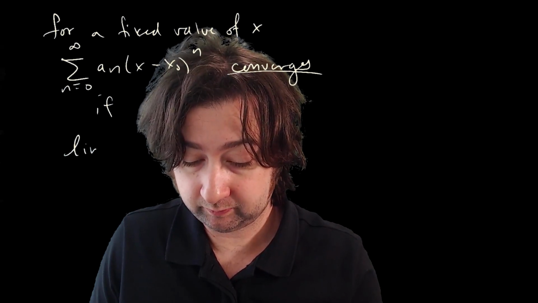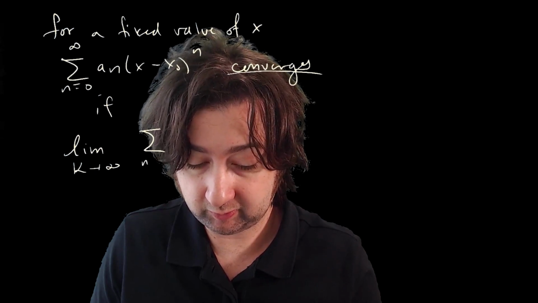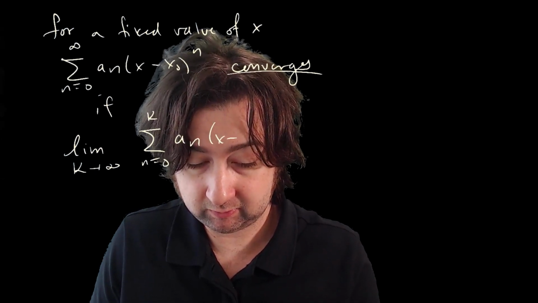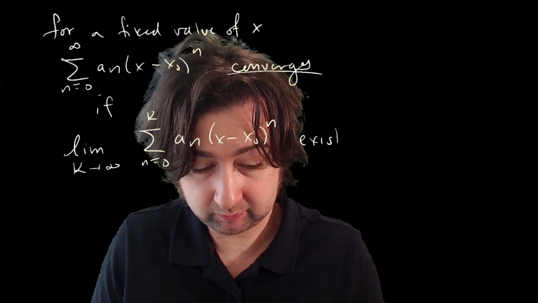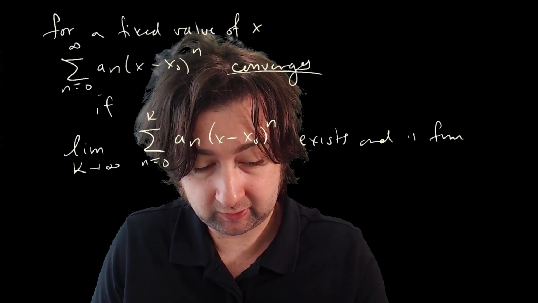The limit as k goes to infinity of the sum from n equals 0 to k of a_n (x minus x_0)^n exists and is finite.